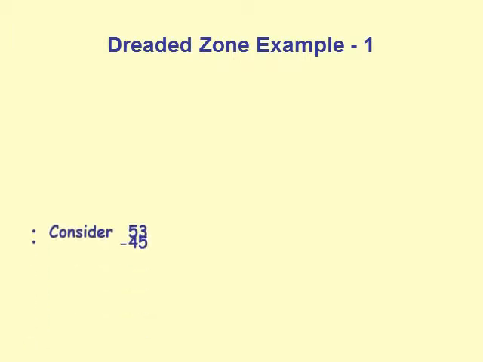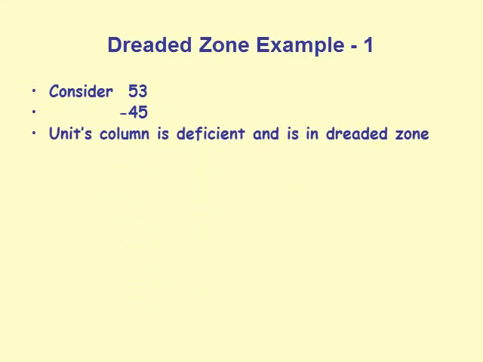Let's look at an example: 53 minus 45. In the units column, we have 3 minus 5. Our player is 3. It's outnumbered by the visiting team player 5. So it's a deficient column and the dreaded zone starts here.